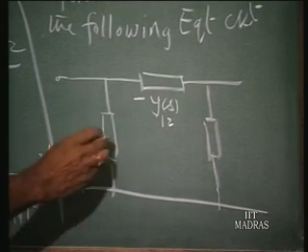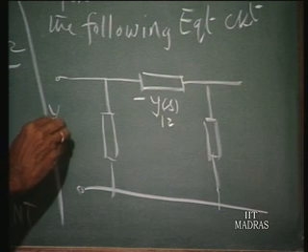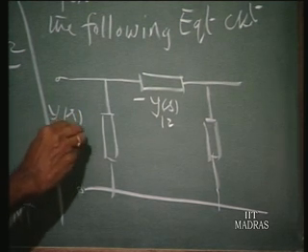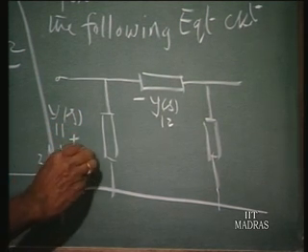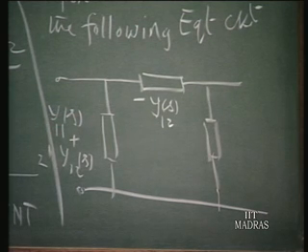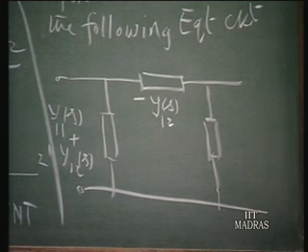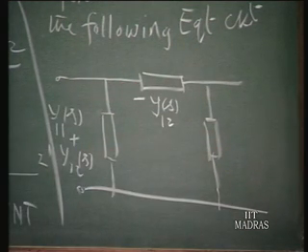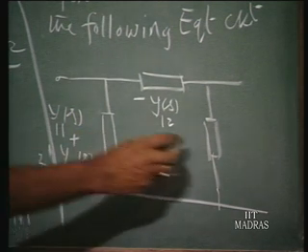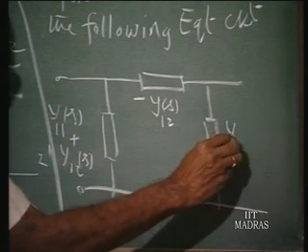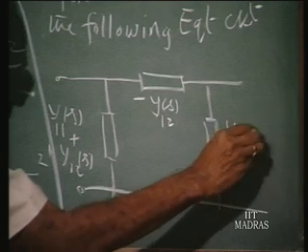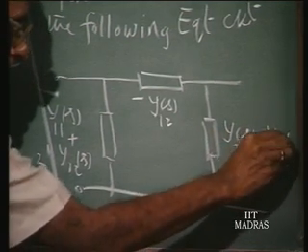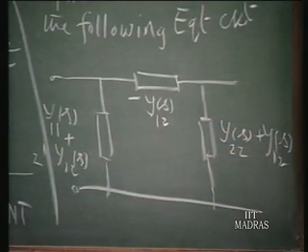Therefore, this one-port network must have a total admittance y11 of S plus y12 of S. So this plus this, when you short circuit this, will provide a total admittance at port 1 equal to y11 of S. Likewise, this admittance will be y22 of S plus y12 of S. So that is the configuration.